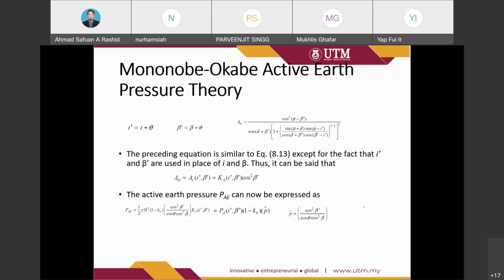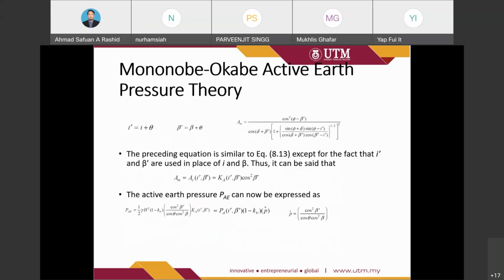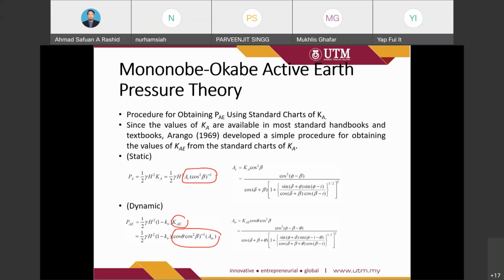For the AM, Arango has proposed the use of I prime and also beta prime, to make sure that the equations of the AM and AC have the same notation.